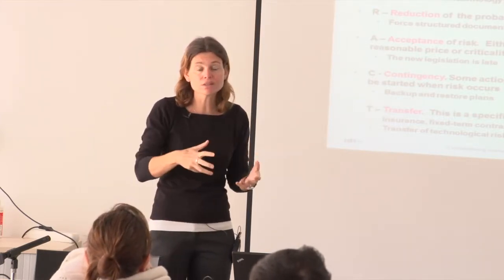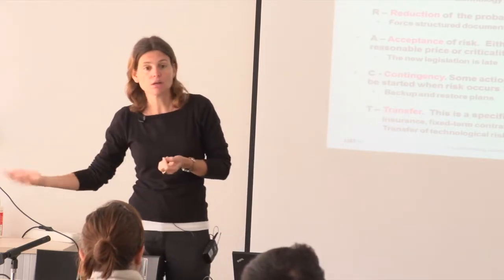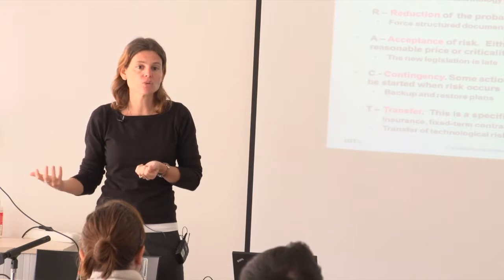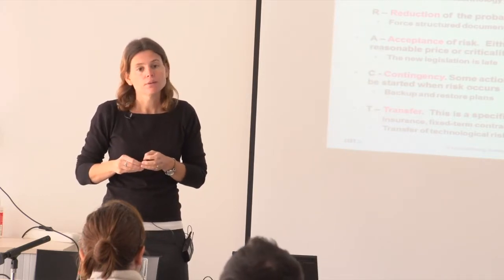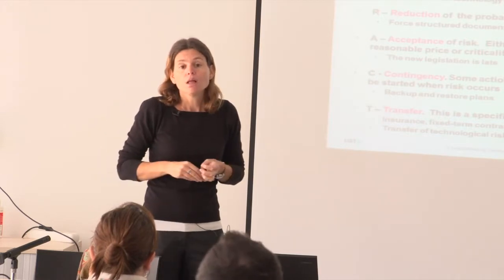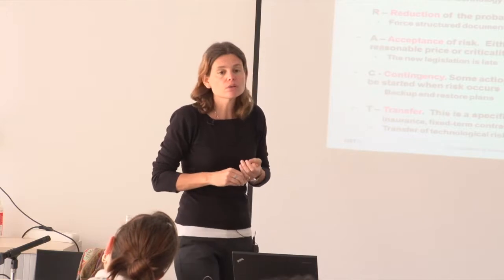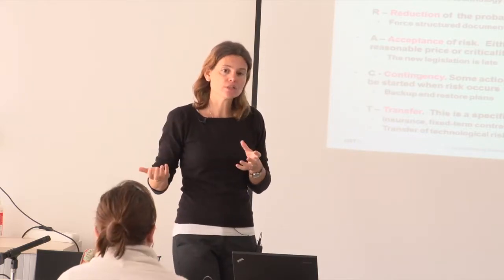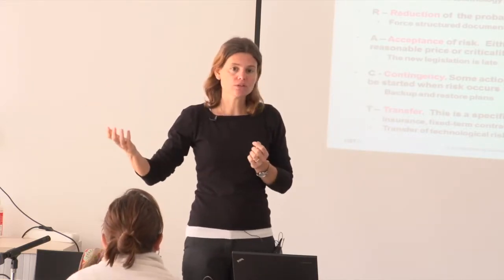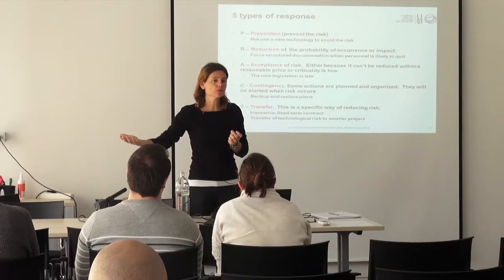So when the risk is there, can I prepare something in advance so that I will be able to manage the risk more easily? Even more, there is a way to mix. So the best thing is to mix the 5 responses, if it's possible. No, because at the end you still want to consider how much it will cost if the risk occurs and it's there and I have to live with the consequences.